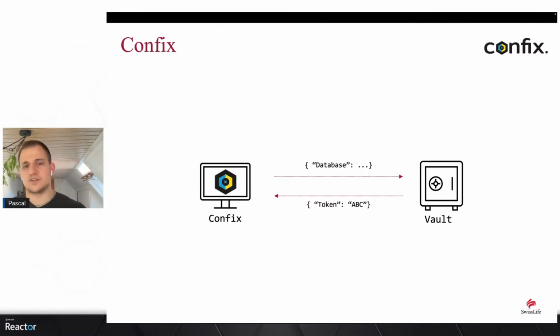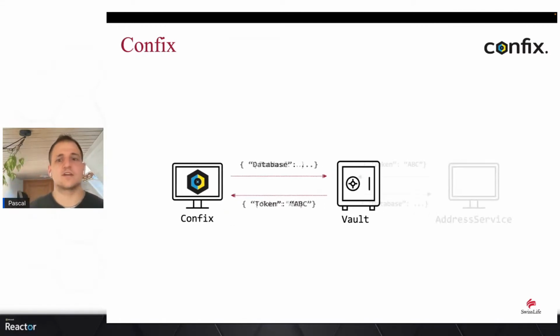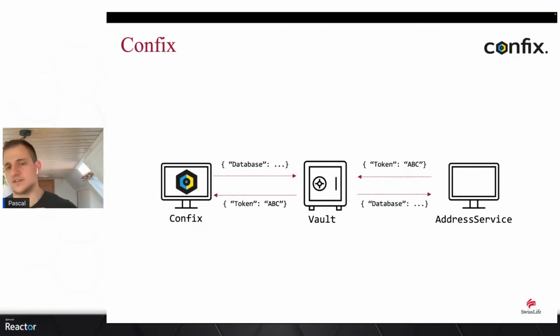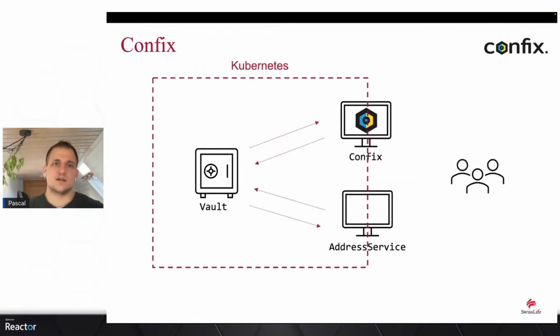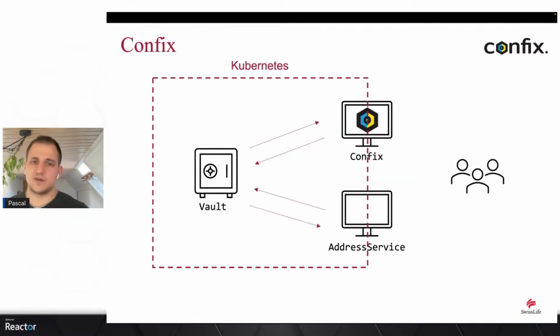Once a configuration is published, it is sent to the vault, which is a separate service, for safe storage. The vault returns a specific access token for this version of the configuration of this application part, and with this token, the application can then on startup fetch this specific configuration from the vault.